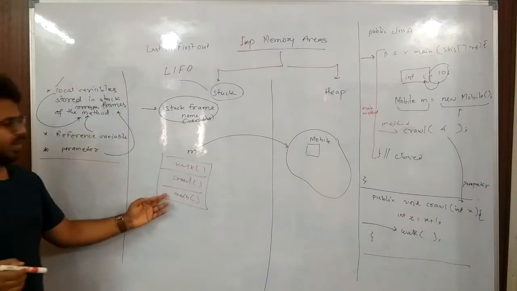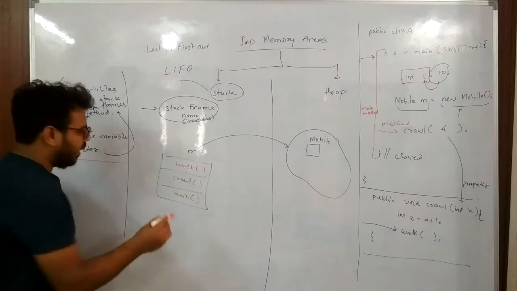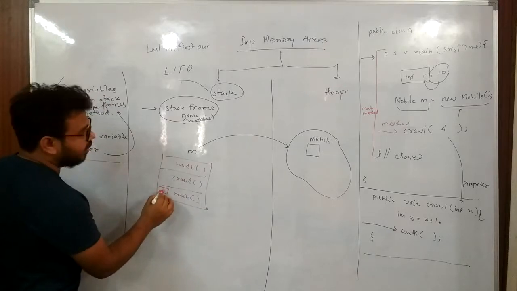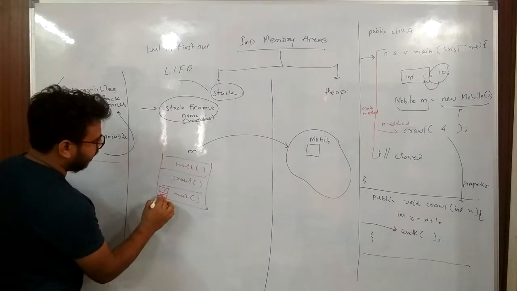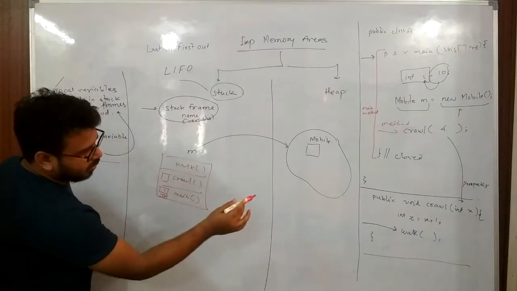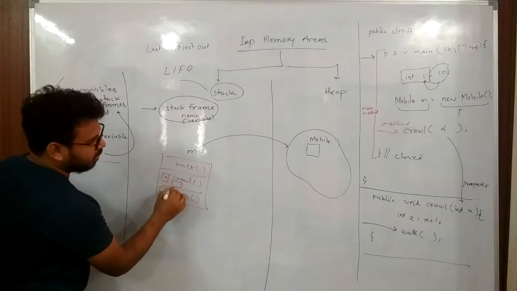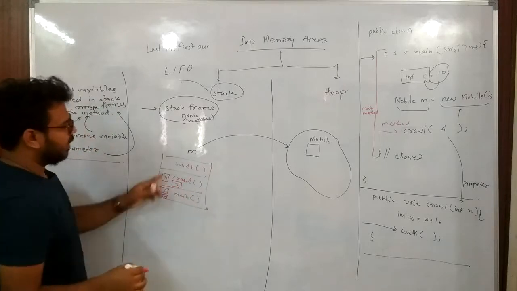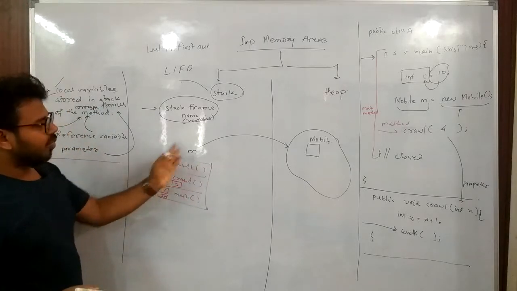Inside main we have l and m, which are reference variables, and in the case of crawl we have x and z. The same way for the walk method.